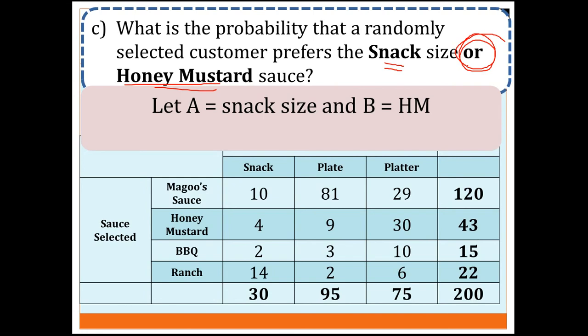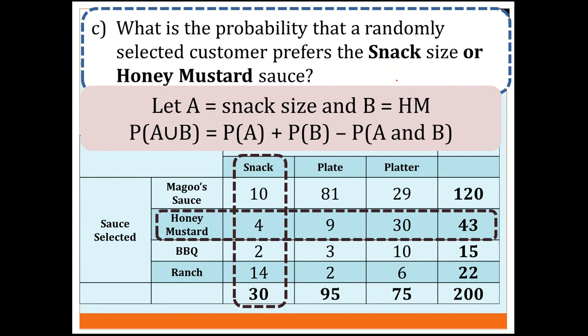So finding the probability of A or B means finding the probability of the union. Now for this, you should use the addition rule. The probability of A or B from the addition rule is the probability of A plus the probability of B minus the probability of A and B. So this one, I would tell you to use the addition rule.